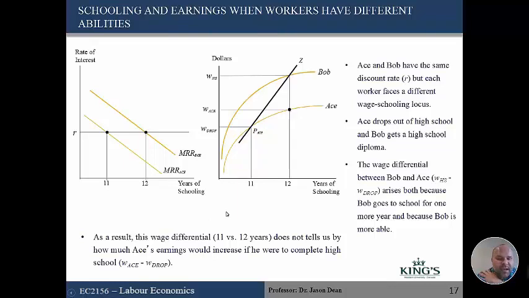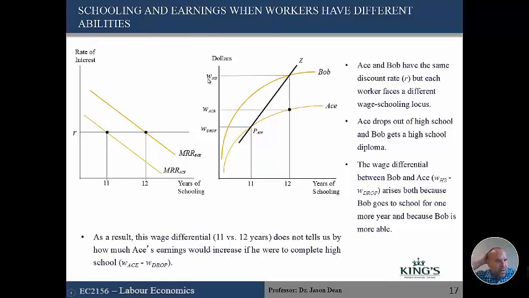If you think about what data we would have, we have a wage for Ace, who has dropped out of school and has 11 years of schooling. We have another wage for another person who went to high school. And the difference in their wage is this amount here. The main question is, can we say that if Ace were to finish high school, he would get this same wage?